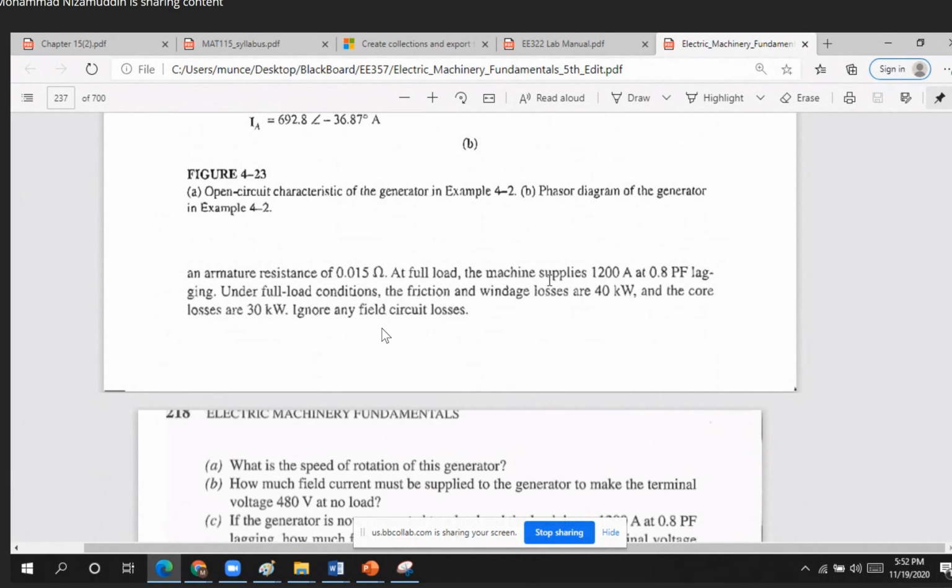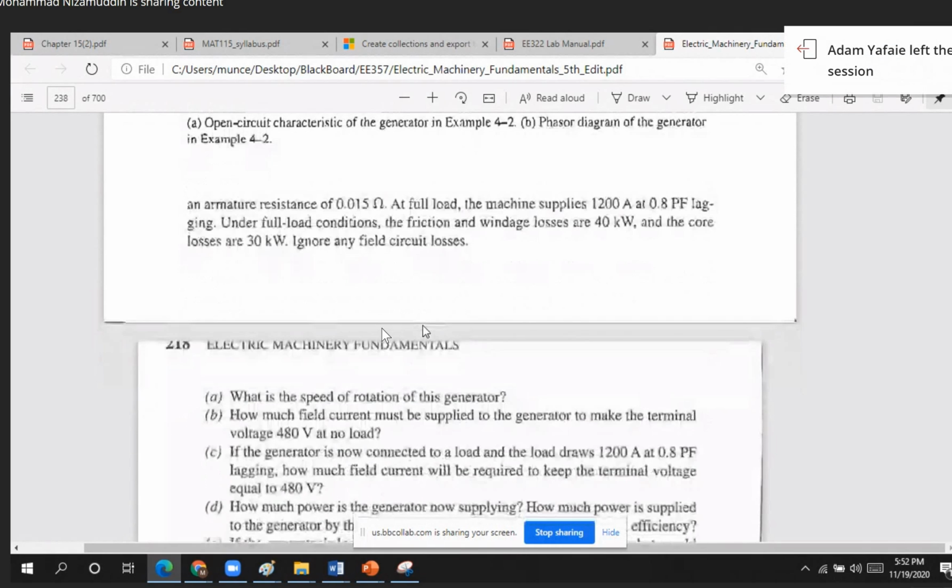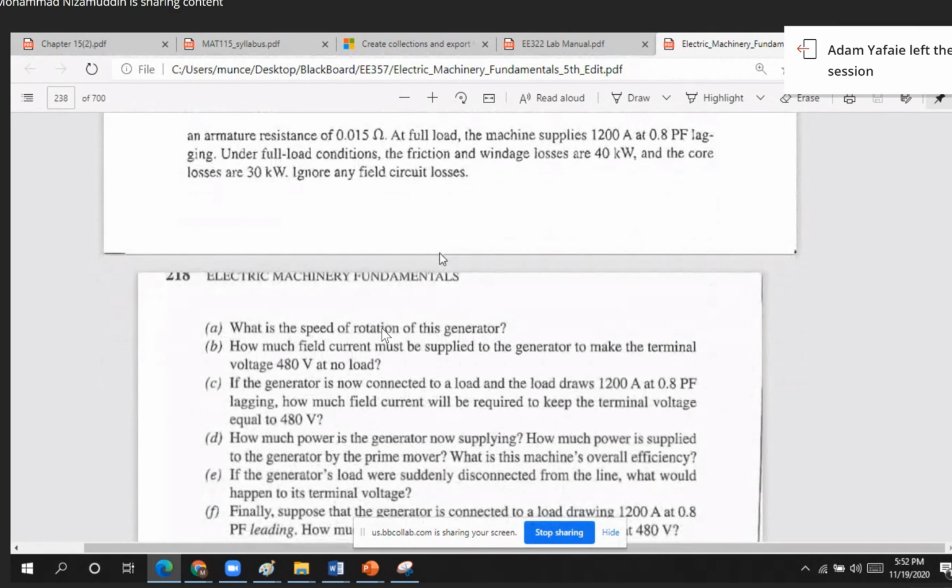At full load, the machine supplies 1200 ampere at 0.8 power factor lagging. Under full load condition, friction and windage losses are 40 kilowatt and the core losses are 30 kilowatt. Ignore any field circuit losses.